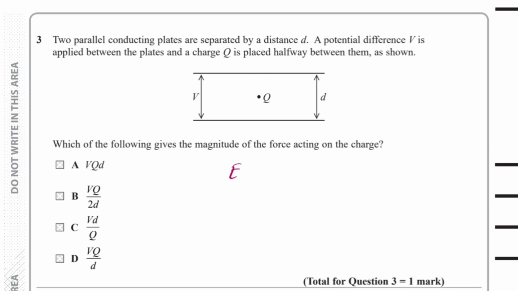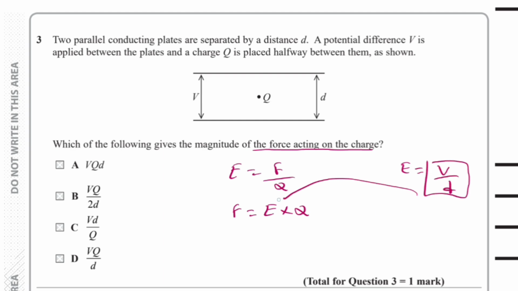So the formula is E equal to F by Q. As we need to find the force acting on the charge, we're going to rearrange it: F equal to E into Q. Electric field strength is calculated by dividing the voltage between the parallel plates by the distance between them, so E equal to V by d. We're going to put this value in E, which will be V by d into Q. The option is number D.